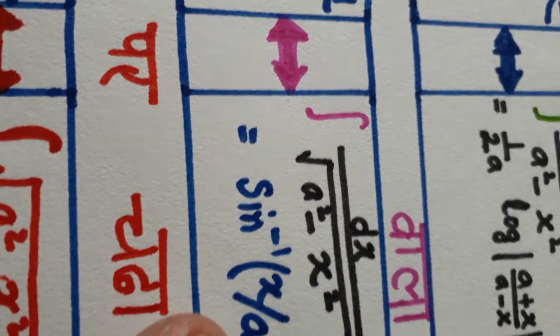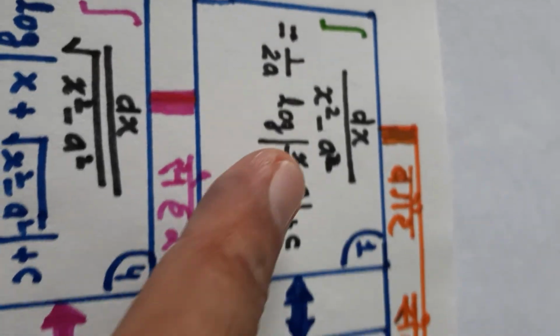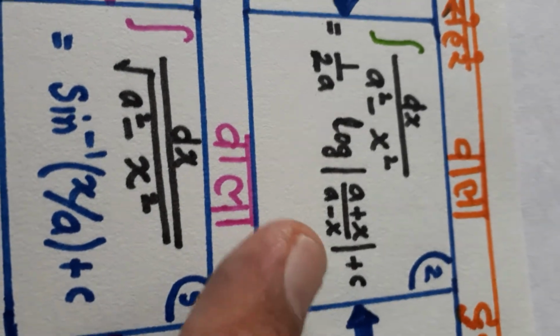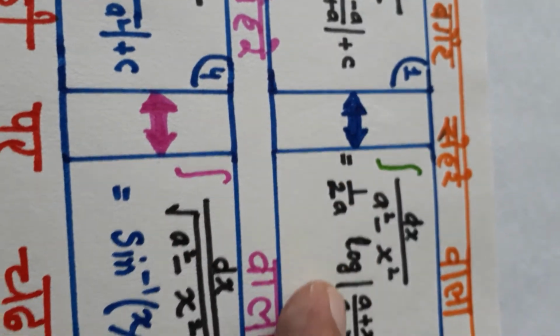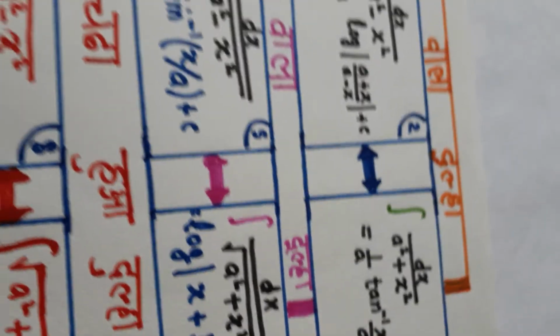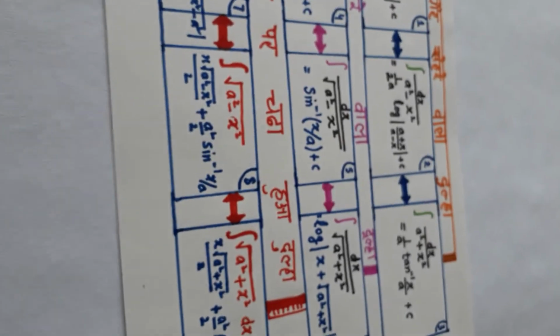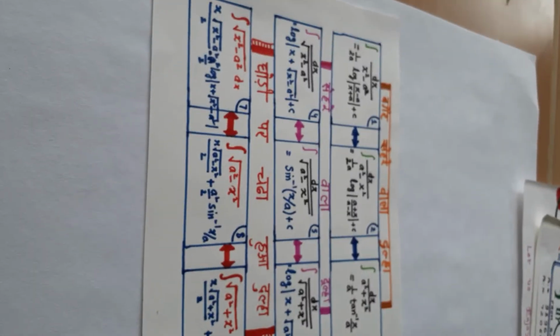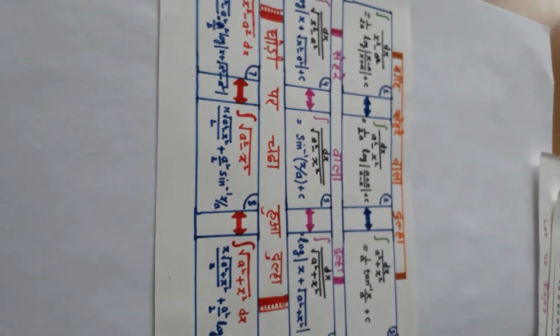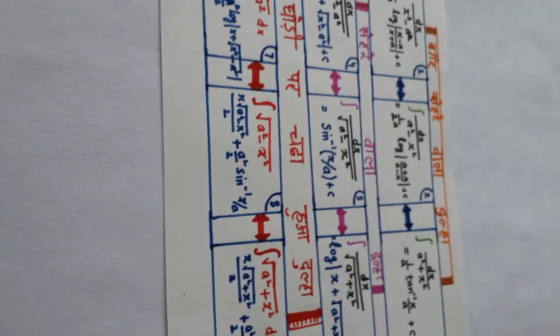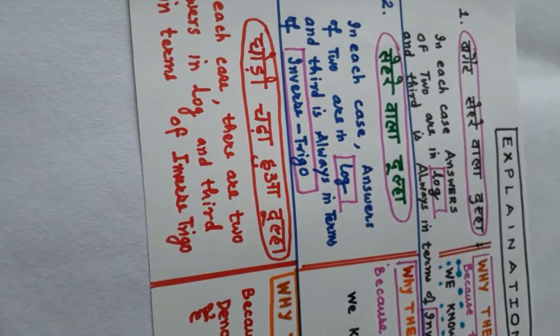So this is the picture, the complete picture of these 9 formulas, which will be easy to remember if you go with the fun I have put into this lecture. So I have given the explanation here.